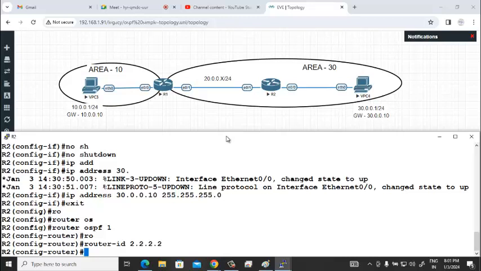But this is going to be seen as a neighbor address on R1. Even if this is not a pingable address, R1 will see it, because it is just an ID to identify the OSPF router. You can use any address.